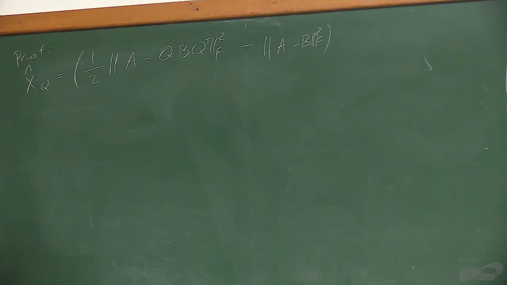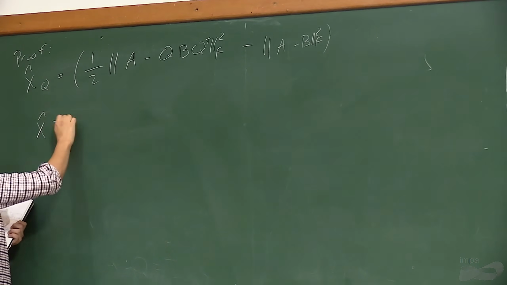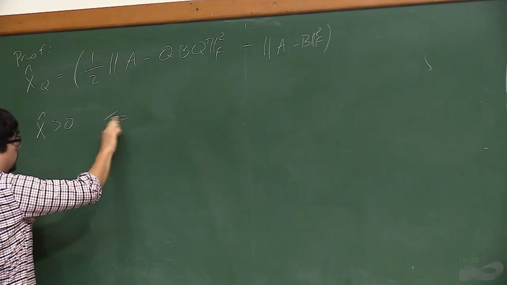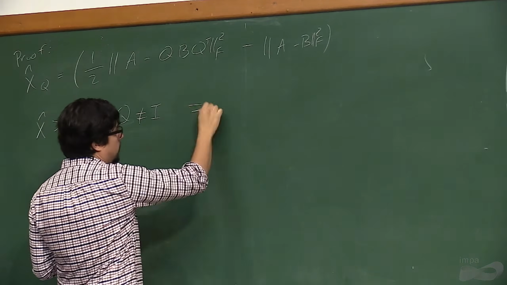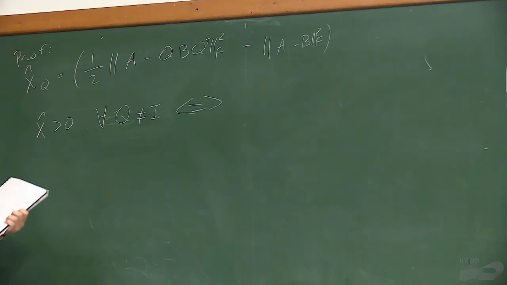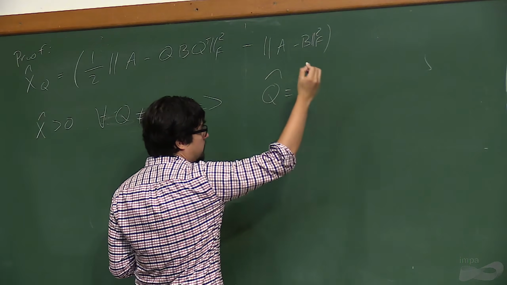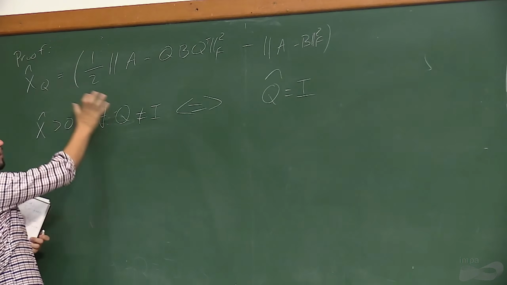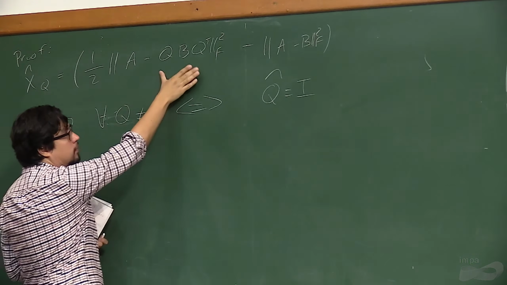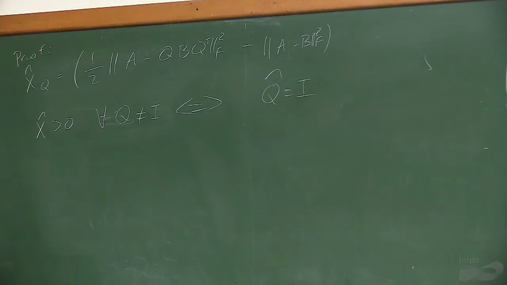So basically, whenever x hat q is greater than 0 for all permutations q different than the identity, that means that the graph matching solution is going to be correct. Or in other words, q hat is going to be equal to the identity, which is the permutation that solves the problem. What I'm saying here is that if this is positive, it means that the ground truth permutation has lower loss, so we would choose this permutation, and then we need to verify this for all possible permutations, right?